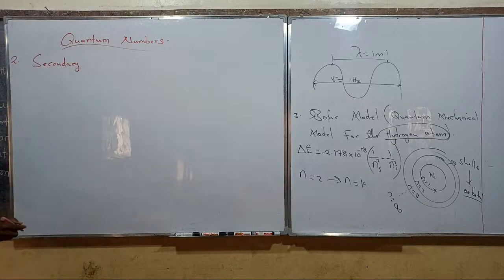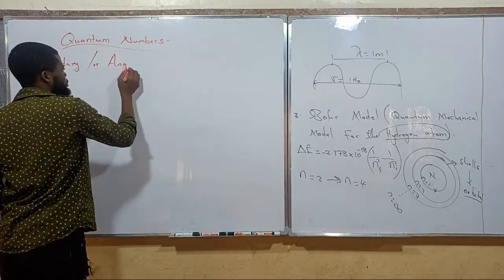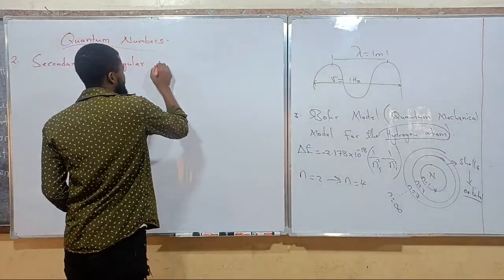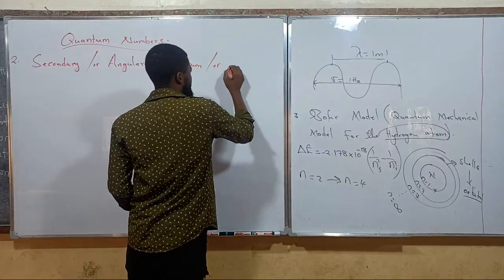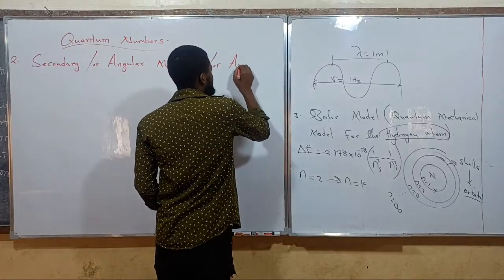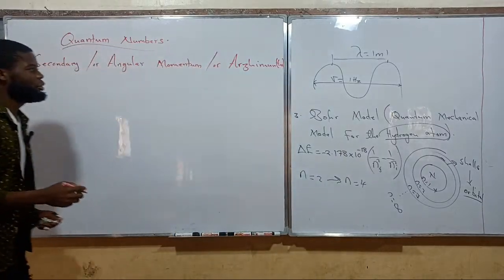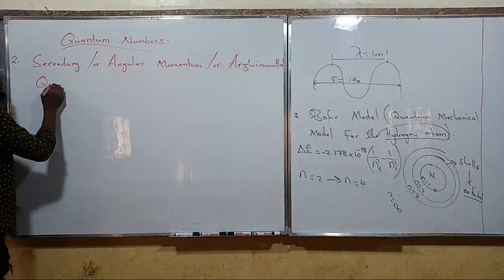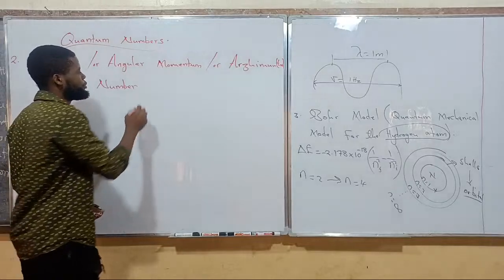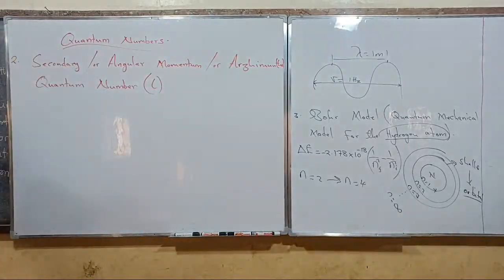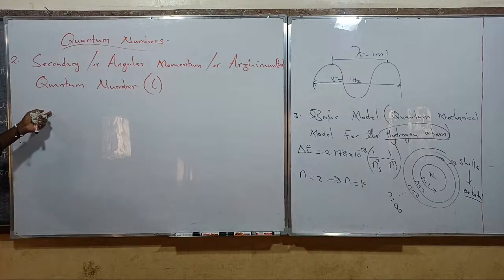It's also called the angular momentum quantum number, or the azimuthal quantum number.